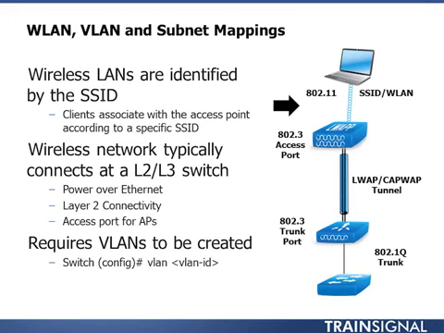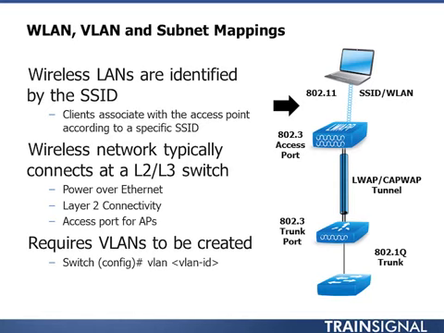You will want to set up that switch port not only as an access port, but you'll want to assign it a specific VLAN. Because what that switch is going to do is take that traffic and tag it with the VLAN ID that's been assigned to that access port. It'll then forward it based on that VLAN ID in a CAPWAP LWAP tunnel to the wireless LAN controller.